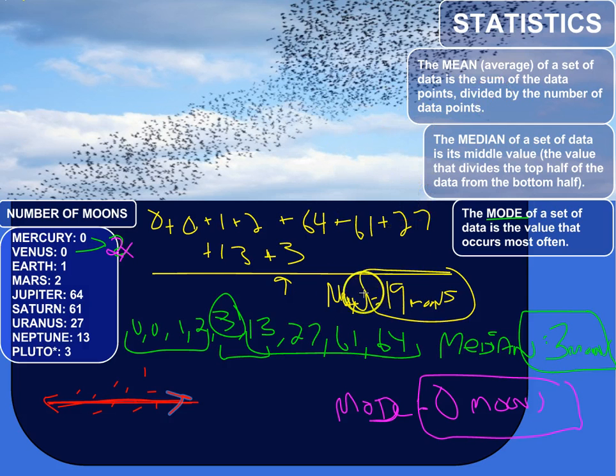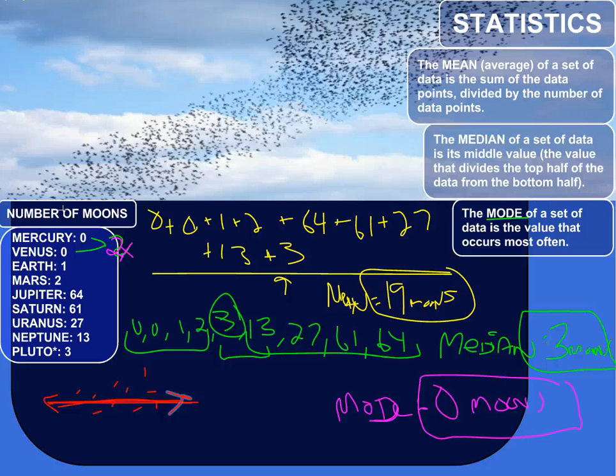The mean of this data set is 19 moons, the median is 3 moons, and the mode is 0 moons. Depending on what kind of question you want to ask, you have to choose what kind of measure of central tendency you want to use, because as you can see, you get very different values. If I tell you the mode is 0 moons, that might give you the idea that moons are very rare in the solar system.